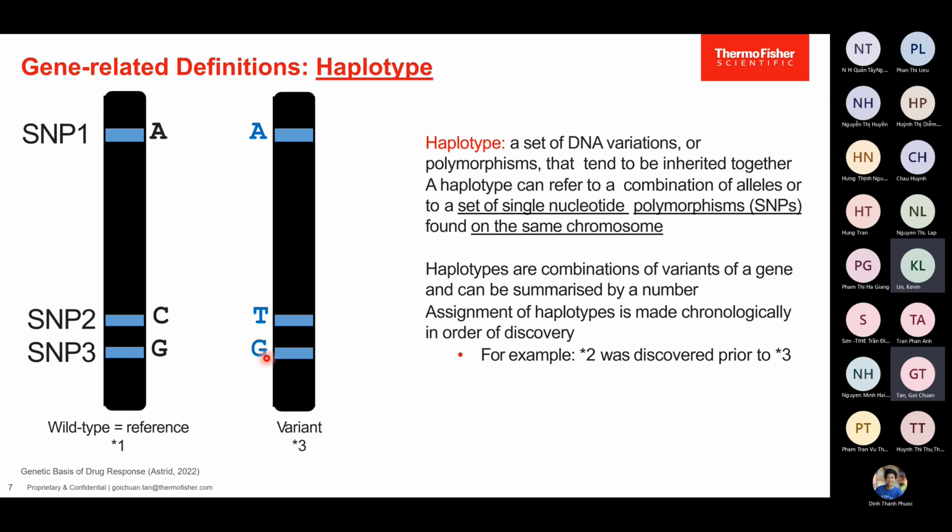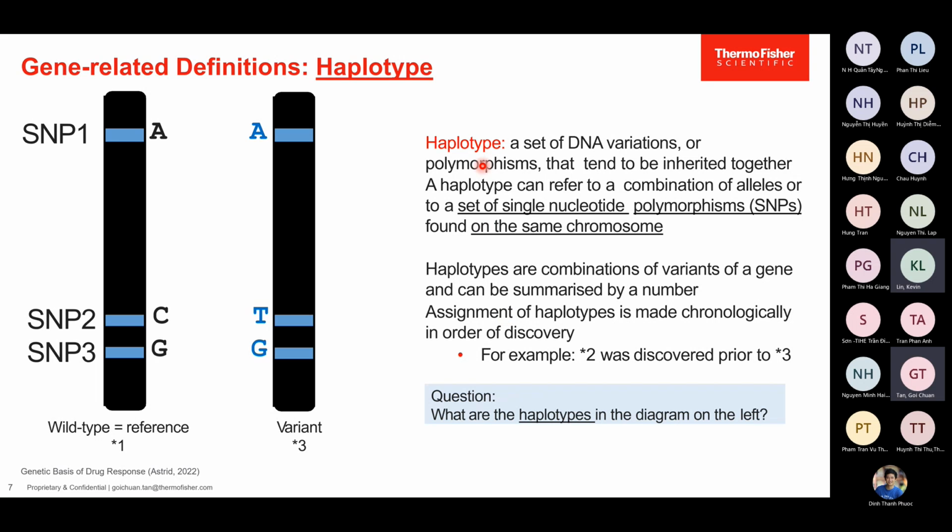Next time when I do sequencing, I find another person who is not ACG, also not ATG, but maybe AGC. A different pattern already, right? Star 3. Then I do sequencing and find another pattern, star 4. Get it? Yeah. Okay, all right.